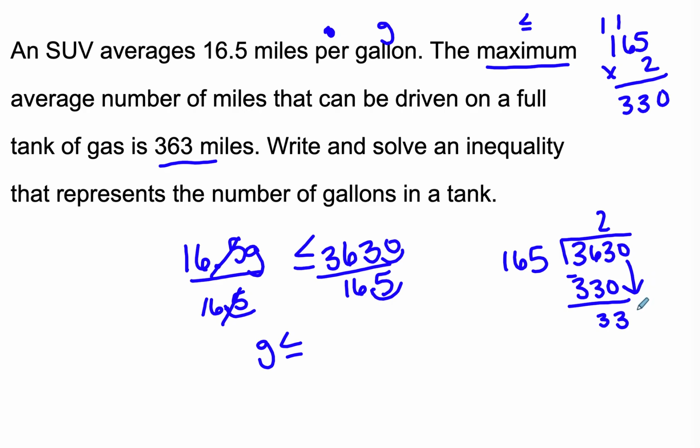Bring down the 0. Okay, 165 into 330. That's also going to be 2 times. Okay, right, we did it, and solve the inequality that represents the number of gallons in a tank. G is less than or equal to 22 gallons. It's a big tank.